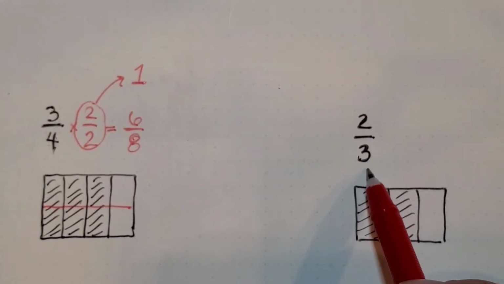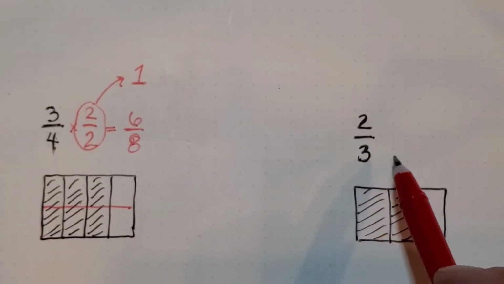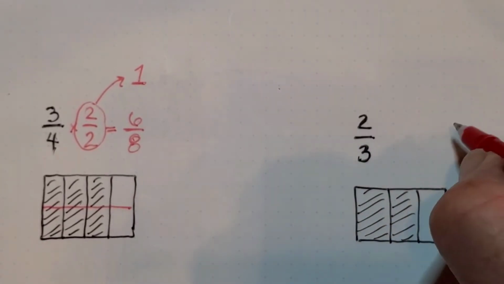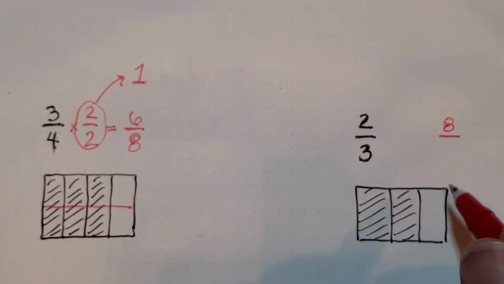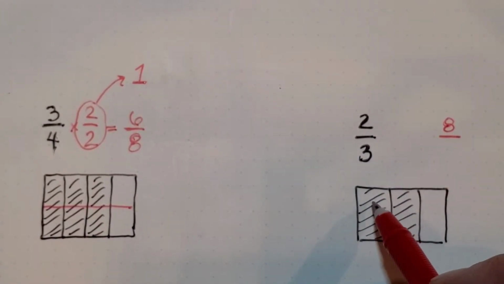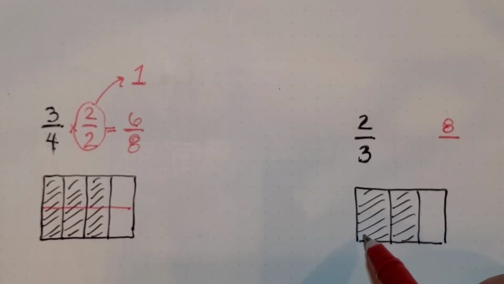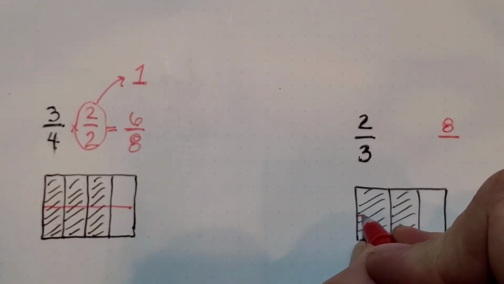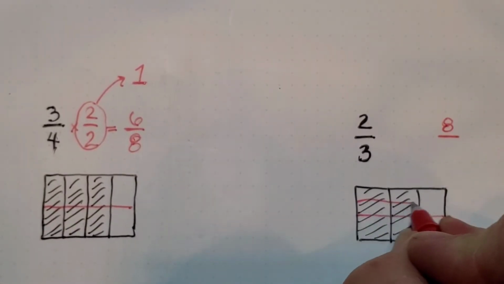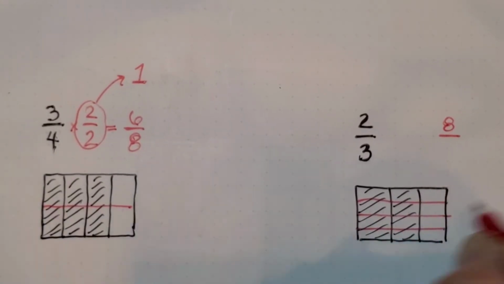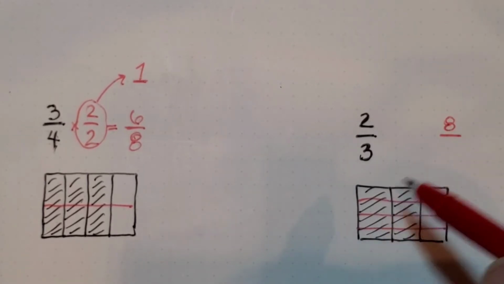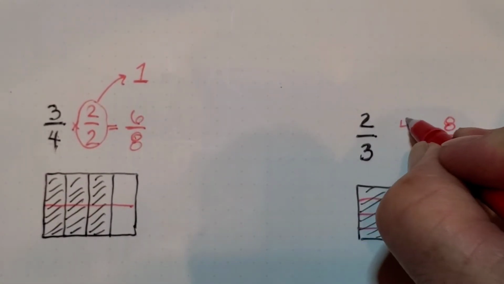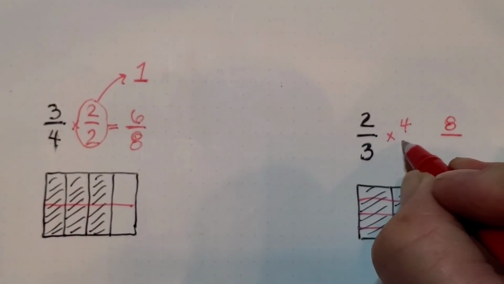When we look at 2/3, we did the same thing, but this time we wanted our numerator to be 8. In order to have a numerator that's 8, we had to have 8 equal sized pieces that are shaded. So we divided it like so. And that gave us 8 equal sized pieces. And that is 4 times as large as 2.